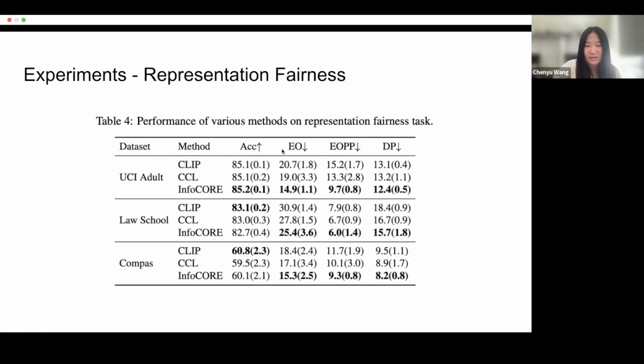The first is the prediction accuracy for the binary prediction task, and the other three are different fairness metrics that are used in previous papers. We can see that when achieving a similar level of accuracy, our model has the best fairness metrics, as shown here, which means that it can remove the bias from race and gender the best and increase the representation fairness.